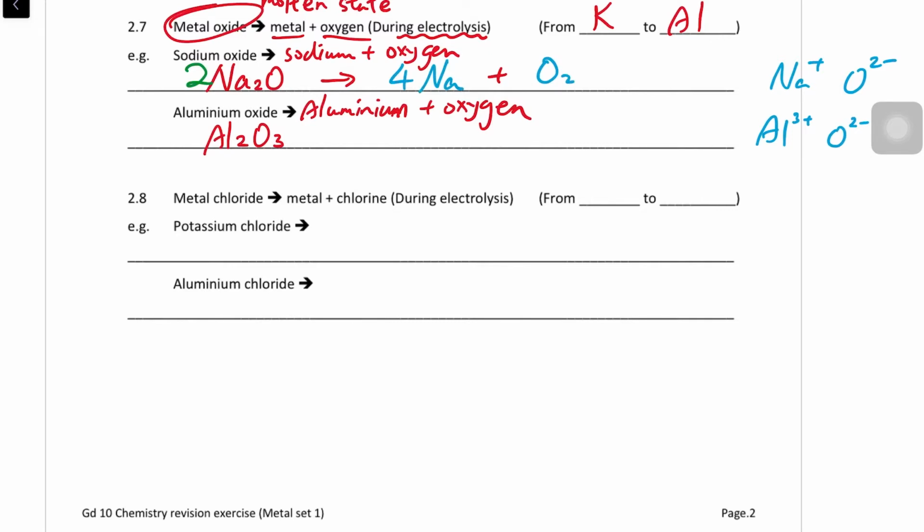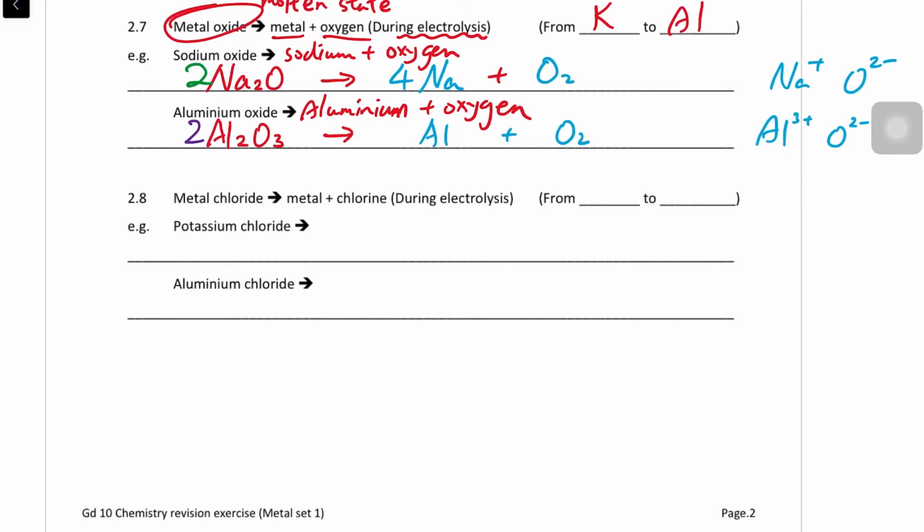Okay, for aluminium, more or less the same. What we get is O2 and aluminium. But same, we need to balance the number of oxygen on both sides. However, we got 3 oxygen on the left hand side and 2 oxygen on the right hand side. So we should multiply the oxide by 2.